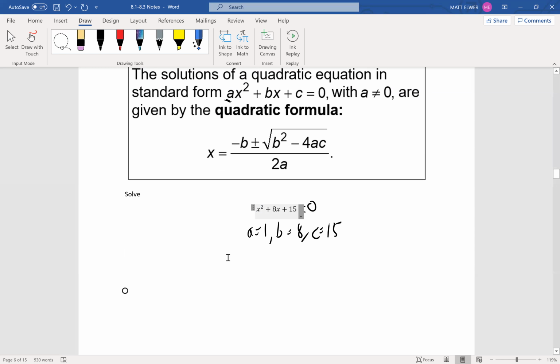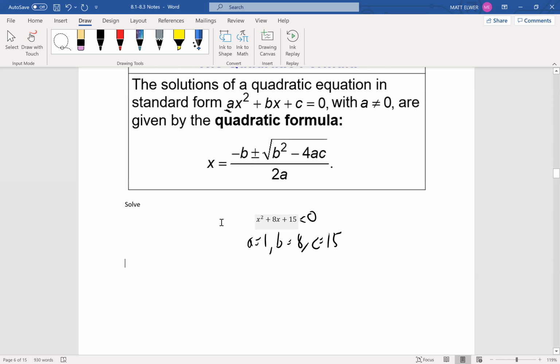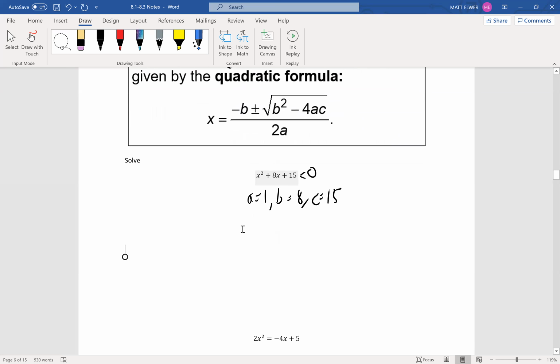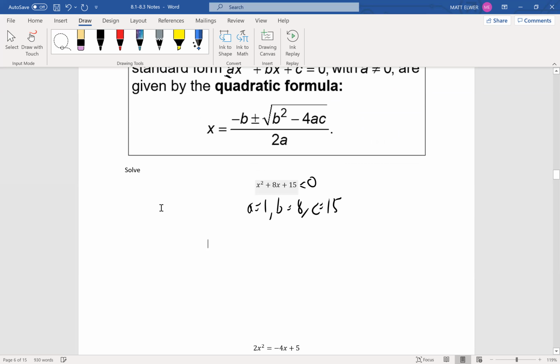Okay, there we go. So we get x is equal to negative b, right?